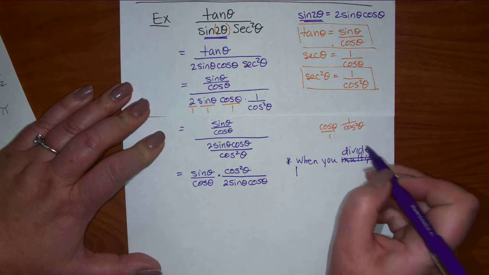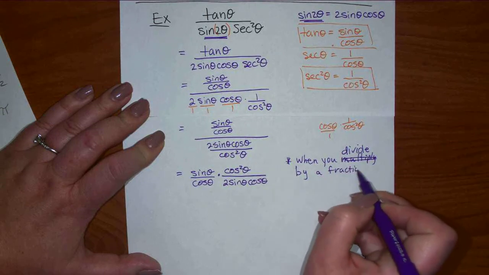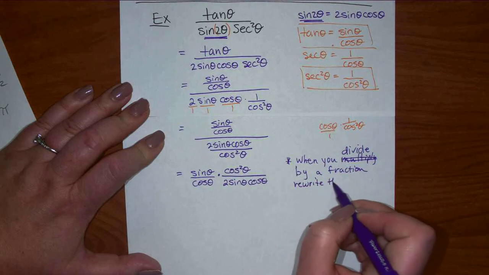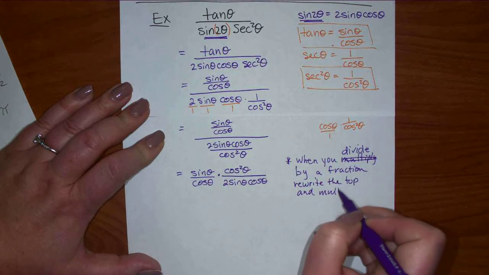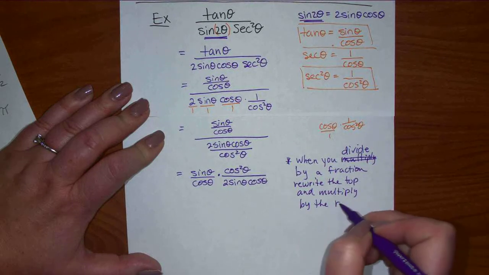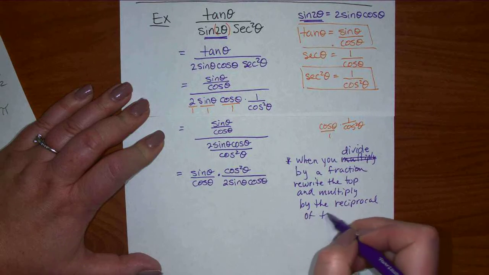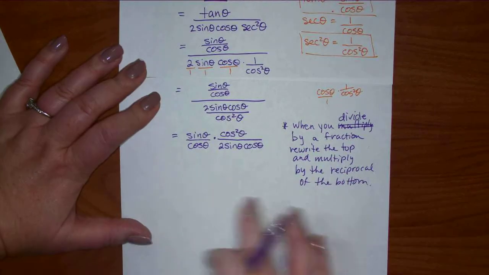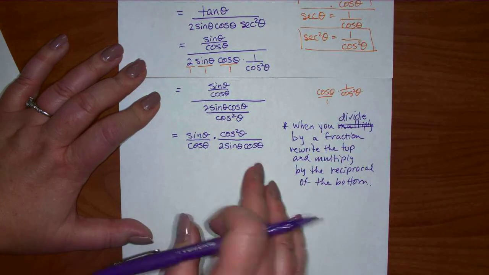And we divide by a fraction. Okay, so now this is still one big long fraction, because when we multiply fractions, you just multiply across.